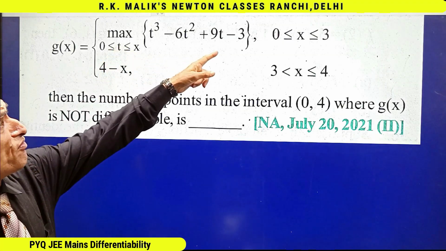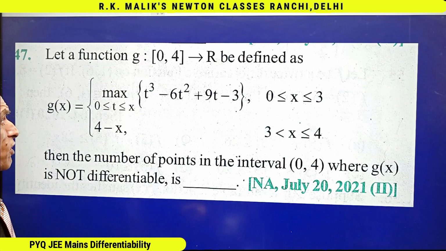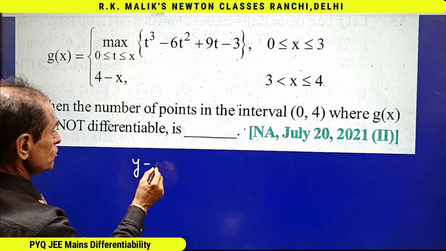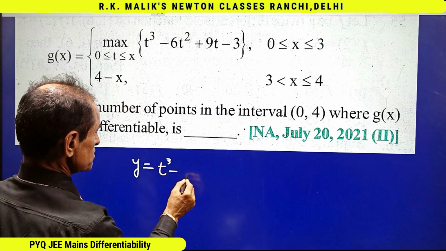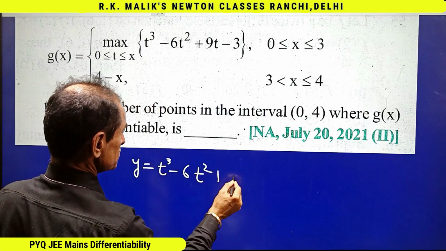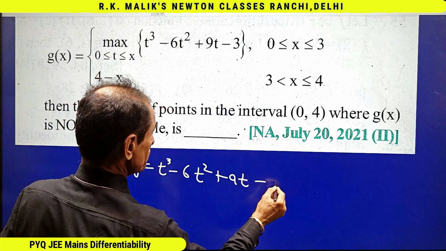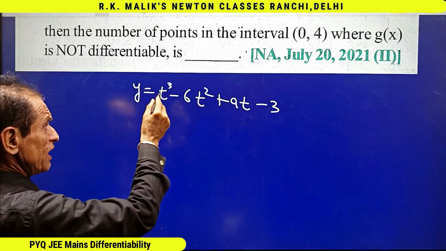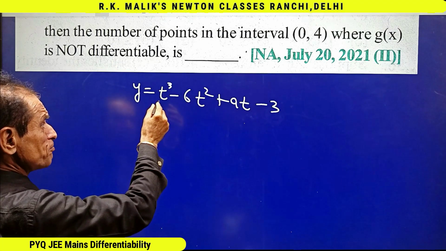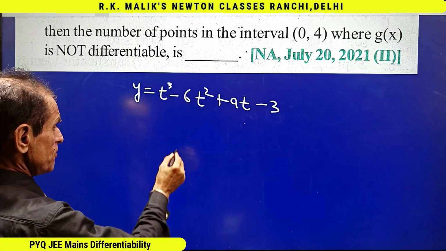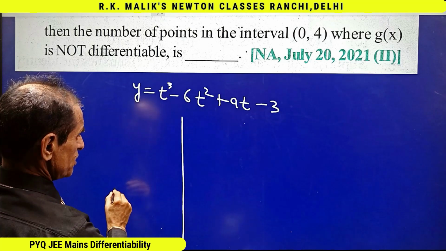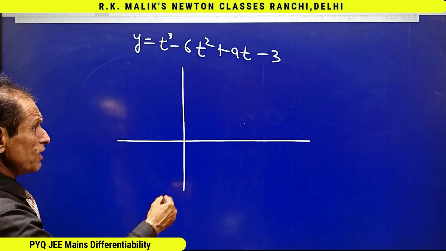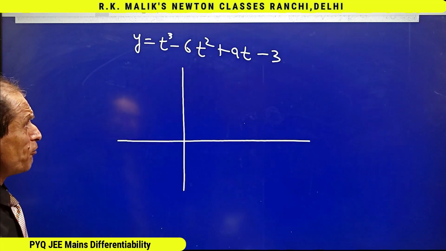To redefine this portion, first of all, I draw the graph of y equal to t cube minus 6t square plus 9t minus 3. And it is clear that it is an odd degree equation and the coefficient of the maximum power of t is positive. Hence, the graph will come from below and finally go upward.